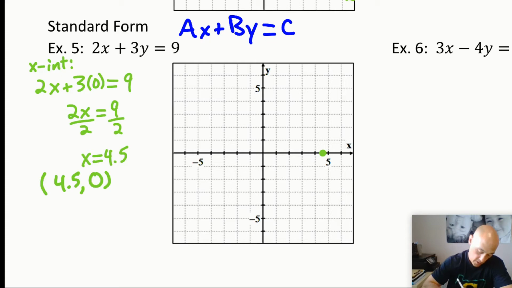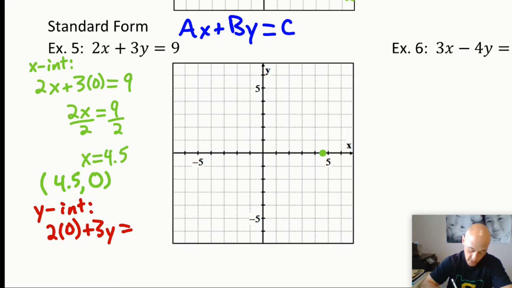The next thing I'm going to do is find the y-intercept by plugging in 0 for x. So 2 times 0 plus 3y equals 9. Again, anything times 0 is 0. So I have 3y equals 9.